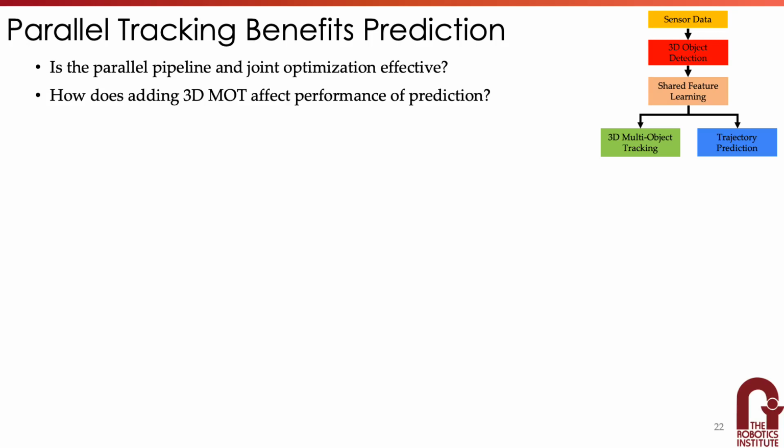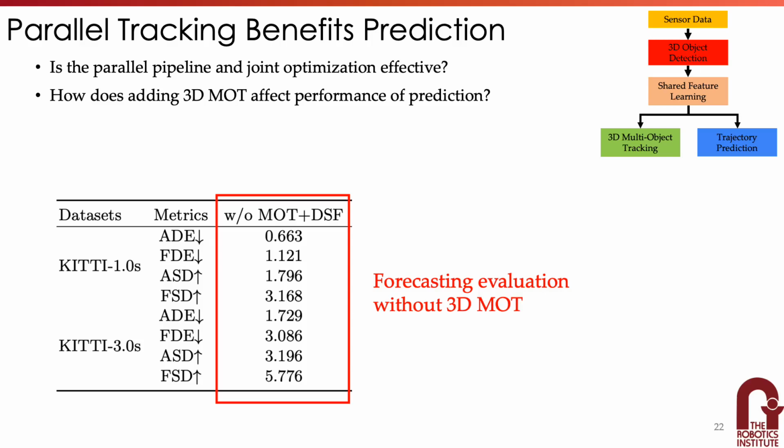Okay, now let's confirm if our hypothesis is correct through an ablation study. The key question we want to ask is whether our parallel pipeline and joint optimization are effective. To answer that question, we first evaluate the prediction performance of our pipeline without adding the parallel tracking module. Results are measured with the standard trajectory prediction error metrics, ADE and FDE.